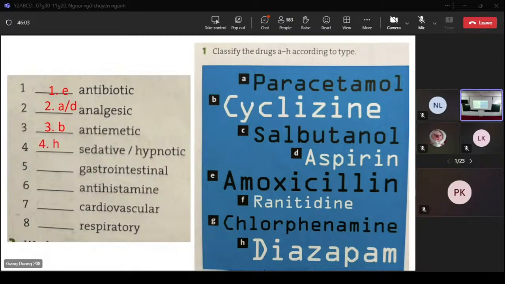Number 5 connect F. Number 6 connect Z. Number 7 connect D.